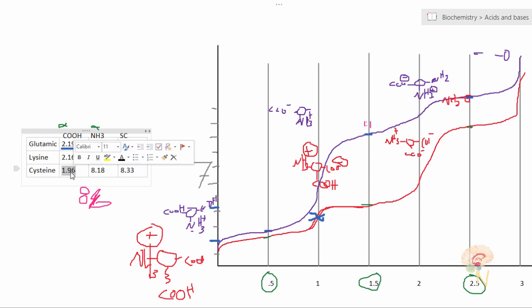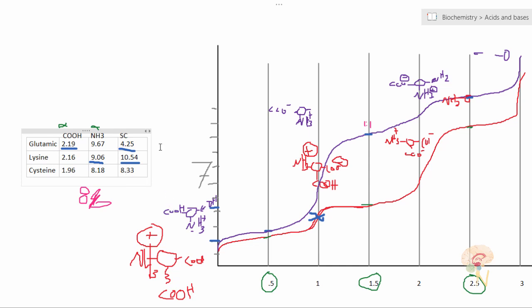Then this one, because it is next in sequence. They lose in sequence from the most acidic to the most basic. I said that always the alpha will lose first, but here the alpha COOH will lose, then the alpha basic, then the side chain acidic. Although this is an acid, it is very weak, so it will lose later, even later than the base.